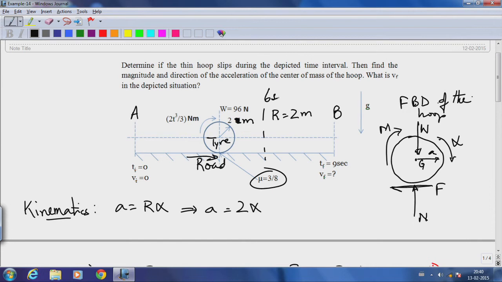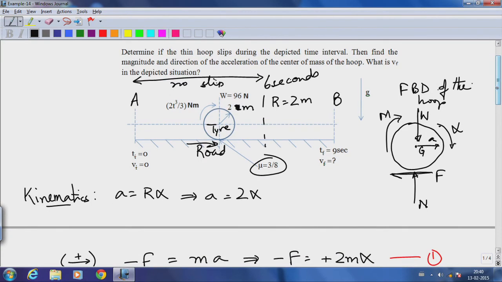So, up until 6 seconds in this span of time there is no slip. Beyond that, for the 3 seconds, from 6 seconds to 9 seconds, the hoop will slip. Okay, so we have two motion configurations happening in this span of 9 seconds, and we will need to analyze the two separately.